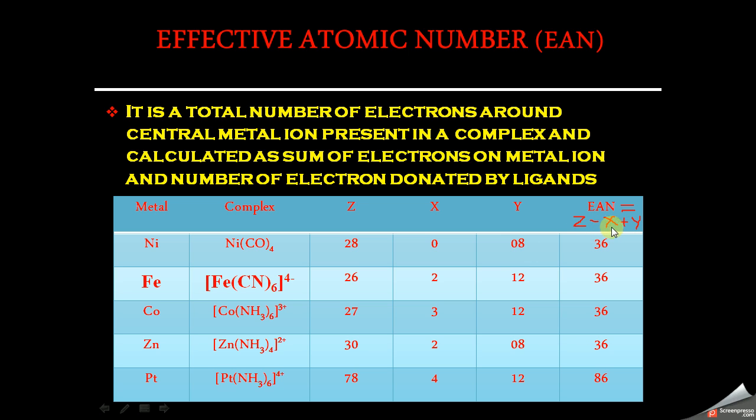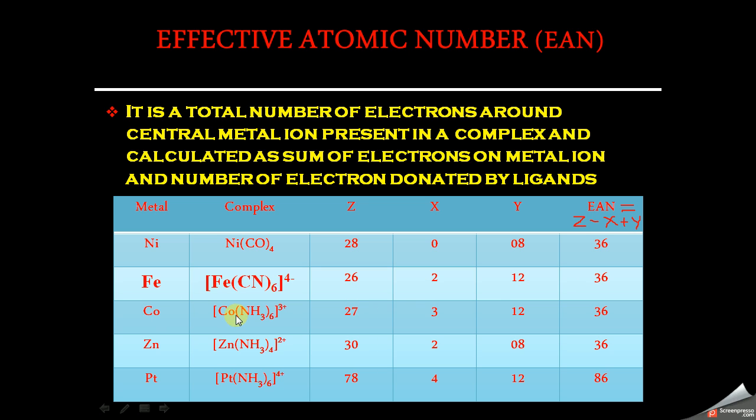So 28 minus 0 plus 8, the answer is 36. For Fe, the atomic number is 26, Fe gives Fe2+, so the number of electrons lost by Fe is 2, and there are 6 CN, each donates 2 electrons, so 6 into 2, 12. Fe is 2+, CN is 1-, for 6 CN it is 6-, so the overall charge is 4-. So 26 minus 2 plus 12, the answer is 36.